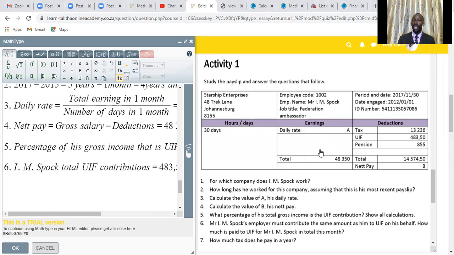And assuming that the tax he's going to pay is the same throughout the year, assuming that there is no increase in his salary and everything is going to be fixed, then the tax for the full year is going to be this amount of money times the number of months in a year, which is 12 months.